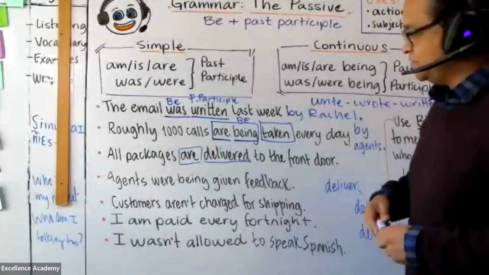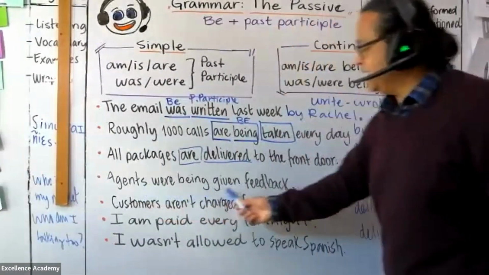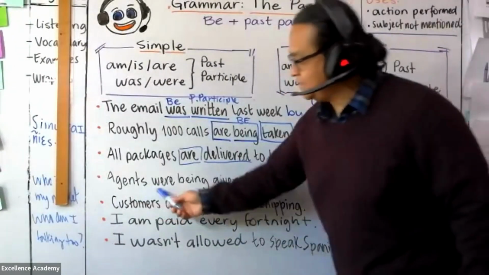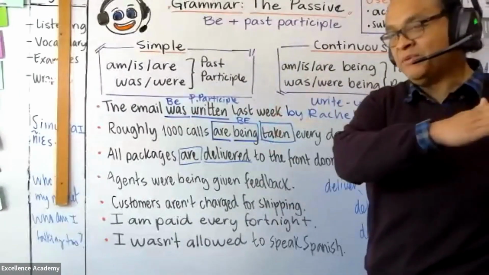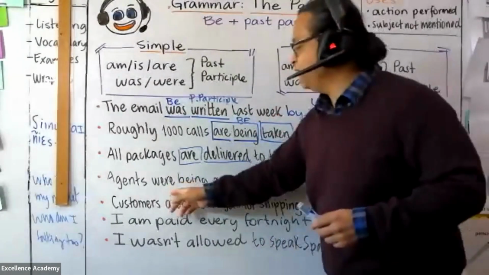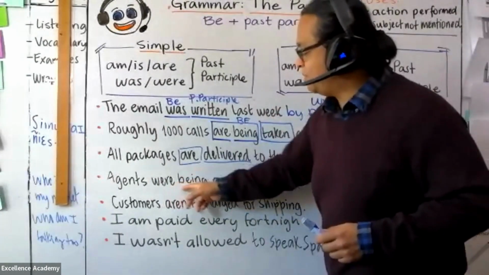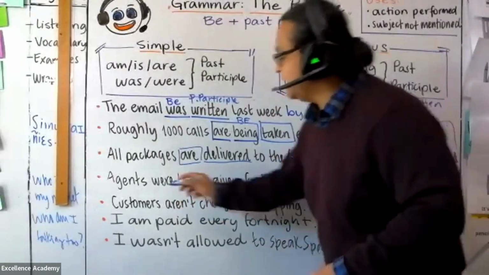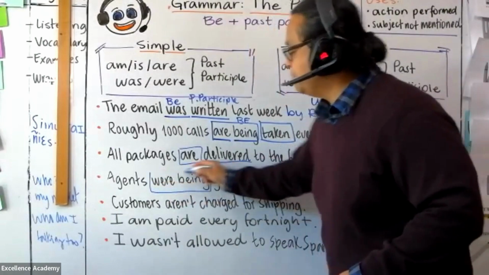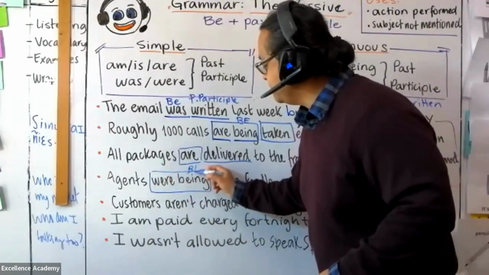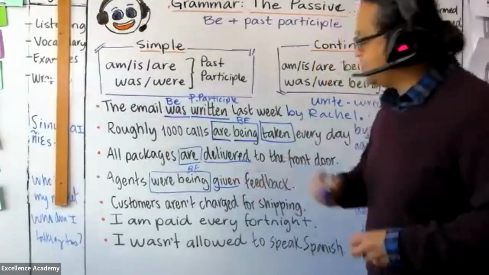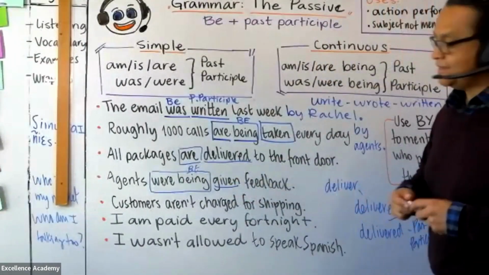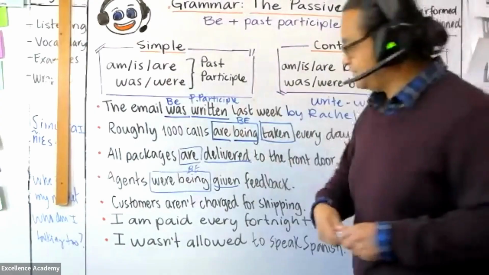So if we need to mention, agents were being given feedback. Agents were being given feedback. This is past. This was occurring for a period of time in the past. This action over here, were being, is going to be my be form, the continuous form of the verb to be, and the past participle of the verb give is given. Give, gave, given, right?